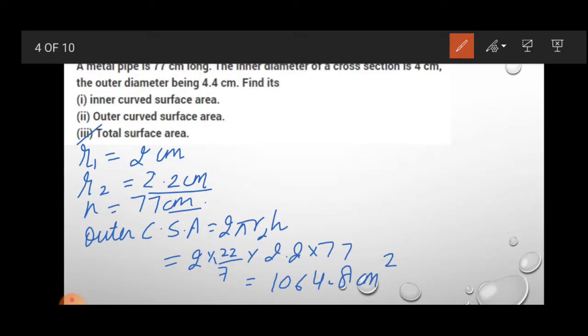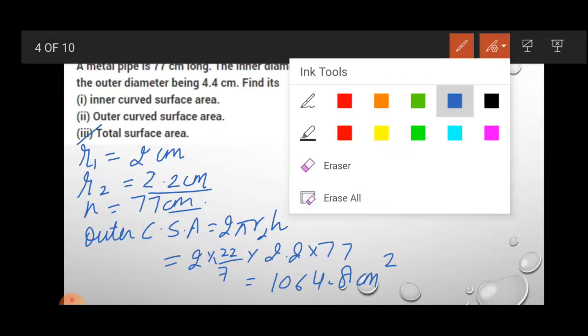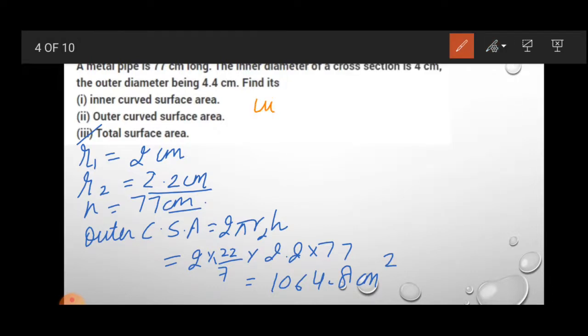Third part, total surface area. Now total surface area is equal to inner curved surface area plus outer curved surface area plus 2 into area of ring.